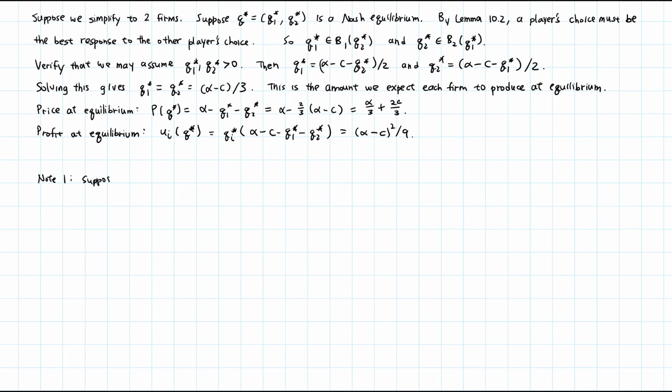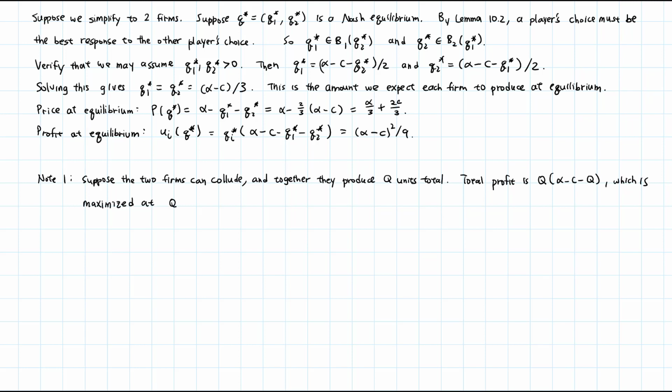First, suppose the 2 firms can collude, and together they produce Q units in total. The total profit is then Q times alpha minus C minus Q, which is maximized at Q equals alpha minus C over 2. We can calculate the total profit, which is then alpha minus C squared divided by 4.